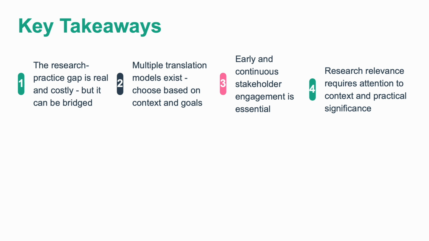Fourth, research relevance requires attention to context and practical significance. Statistical significance isn't enough. We need research that matters in real-world settings with real-world constraints. These aren't just academic concepts. They are practical tools for ensuring your research makes a difference.